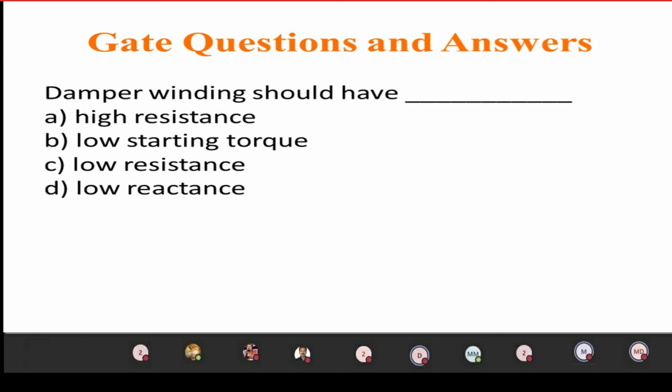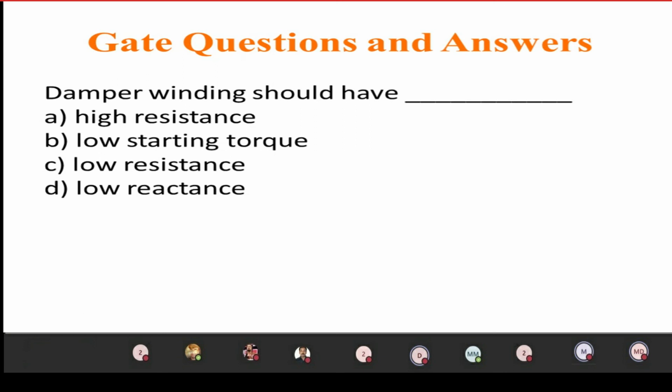Damper winding should have: high resistance, low starting torque, low resistance, or low reactance? The damper winding operates only at the chance of hunting, so current passes through the damper winding and the resistance must be low. That is quite good for us.